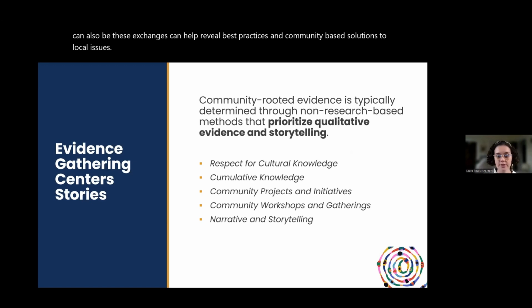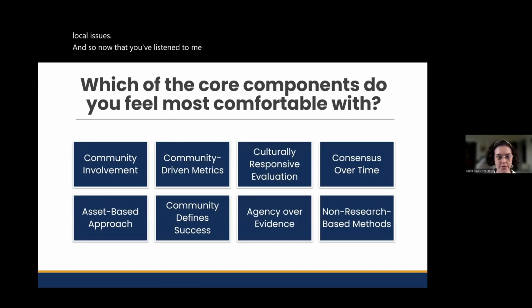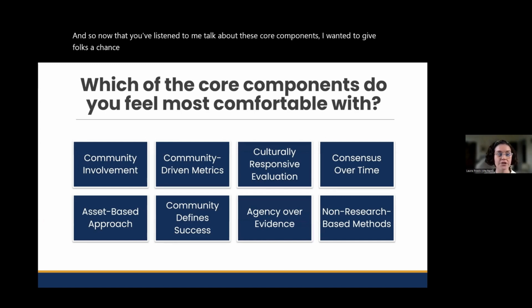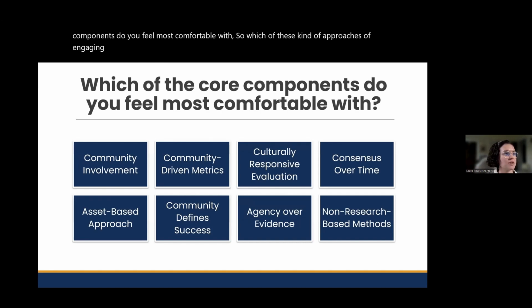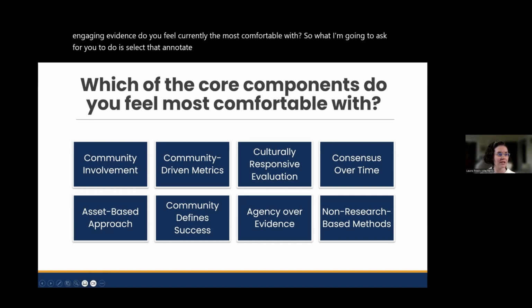And so now that you've listened to me talk about these core components, I wanted to give folks a chance to share what you are thinking around which of these core components you feel most comfortable with. So which of these approaches of engaging evidence do you feel currently the most comfortable with? What I'm going to ask you to do is select that annotate feature. And if you're struggling to annotate, you can also chat into the chat.